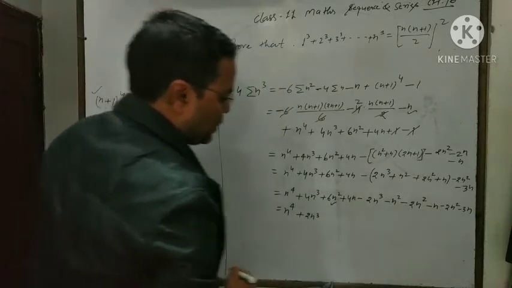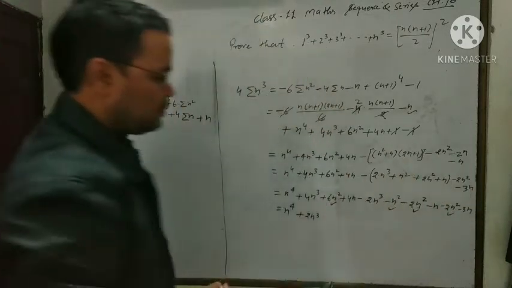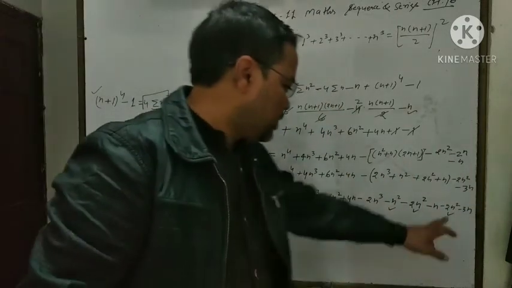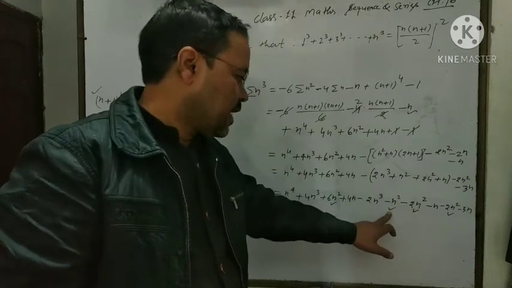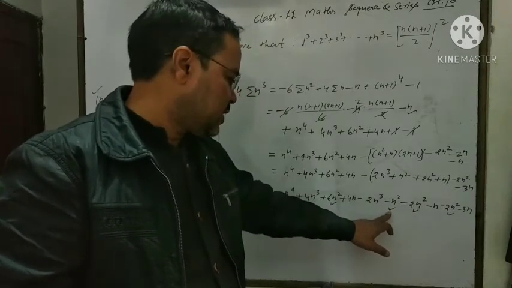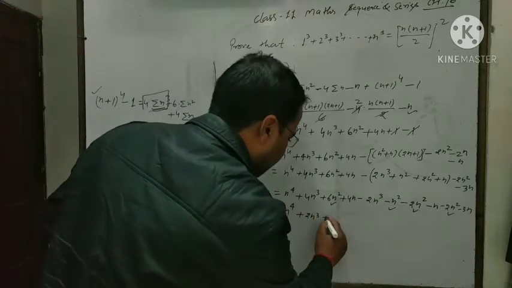So 6n square, minus 2n square and minus 2n square, minus 4n square, minus n square, minus 5n square, and here plus 6n square. It will be simply n square.